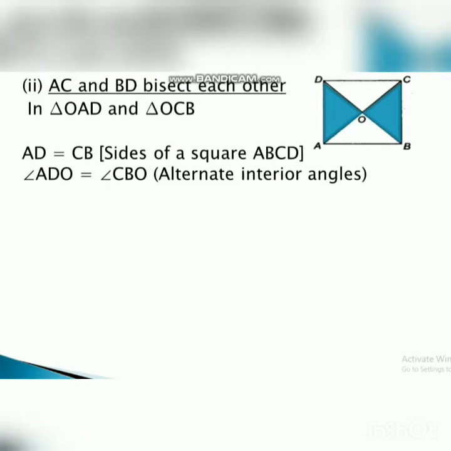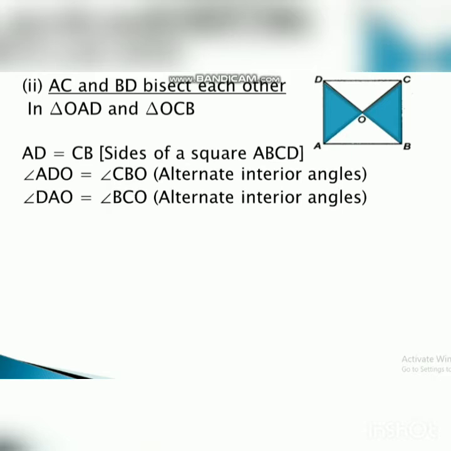Similarly, we can consider the same parallel lines AB and CD and transversal AC. When AC is the transversal, the alternate interior angles are angle DAO and angle BCO. Since they are alternate interior angles, they are also equal.